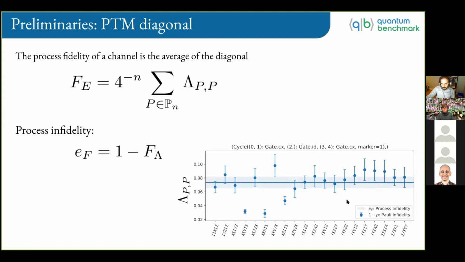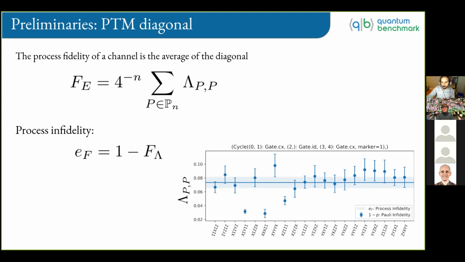So here's a little slice of experimental data again. What I'm doing is plotting elements of the Pauli transfer matrix that were measured for some noise process, for a smattering of diagonal elements. On the x-axis is which diagonal element, and on the y-axis is what its value is.